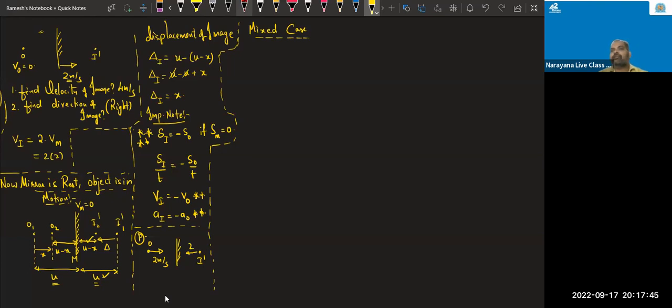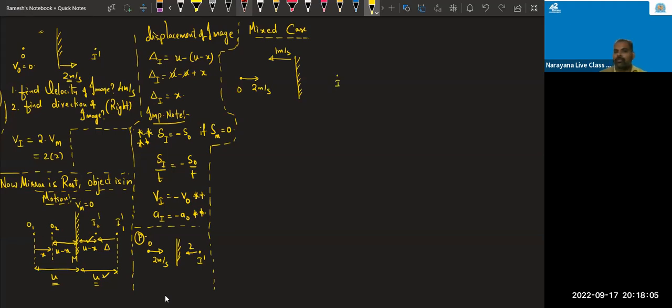Listen carefully. Stop writing. You cannot focus. Somewhat complicated. This is a mirror. The mirror is going left side with 1 meter per second. The object is going right side with 2 meters per second.